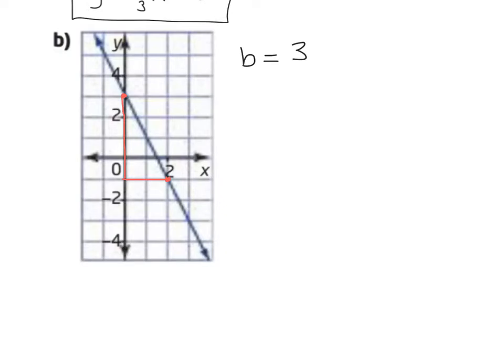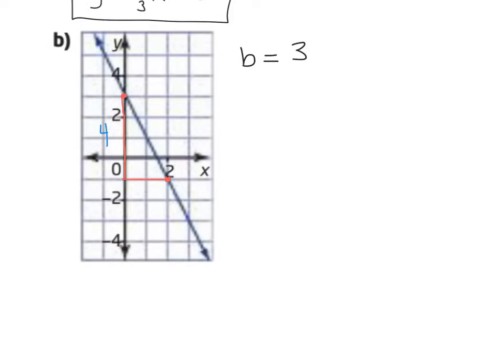I'm going to start with the rise. It doesn't matter if you start from the top or the bottom edge, as long as you are skip counting by the correct number. If I count down my rise, I'm going to get 1, 2, 3, 4 units. So I'm going to fill that in here as a 4.